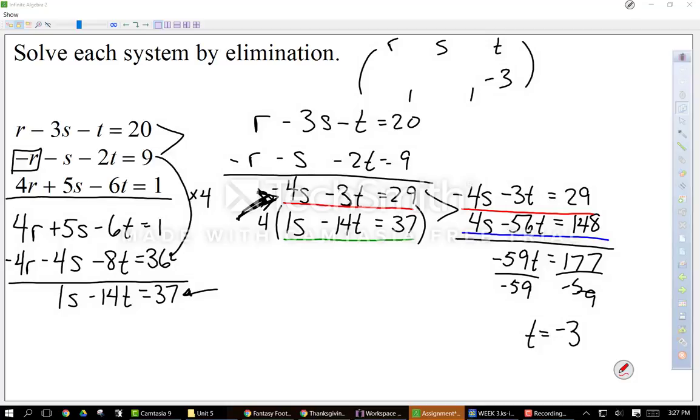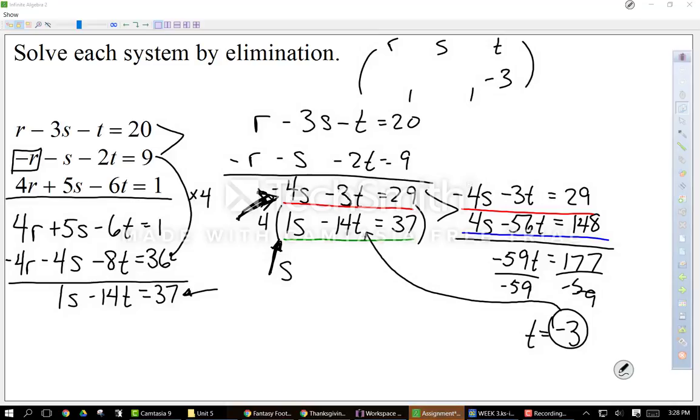It is my choice to use one of them. I am going to use this one here because it looks as though the numbers are a little smaller, meaning the s is 1. So that's going to make my life a little easier. So what I'm going to do is plug the negative 3 into t and solve.